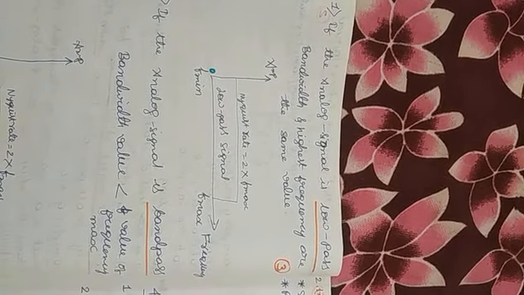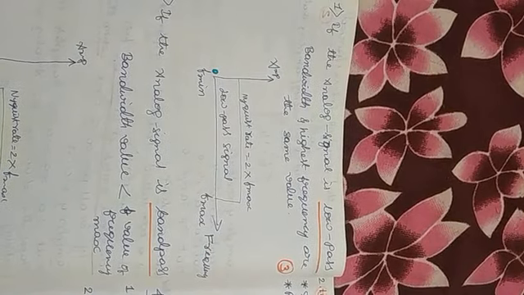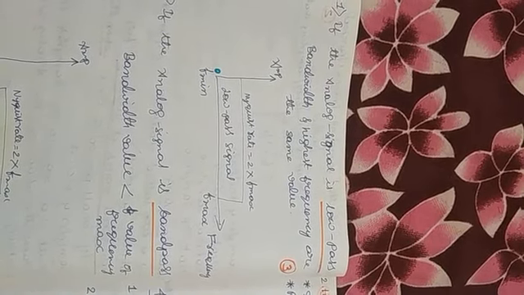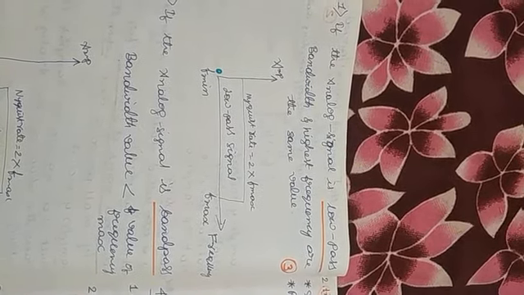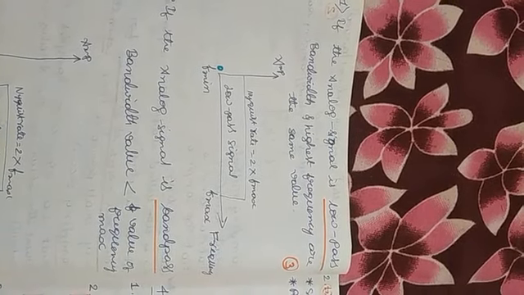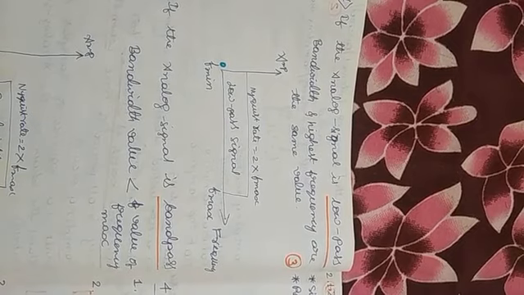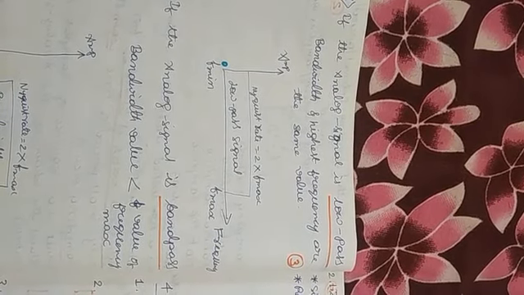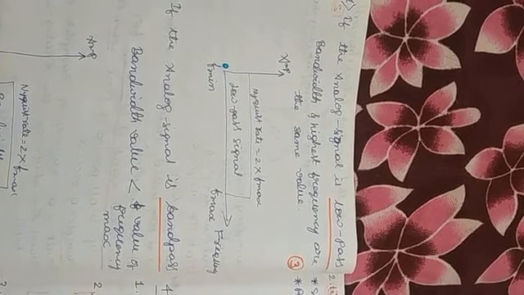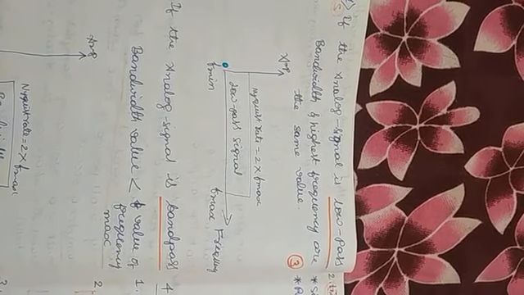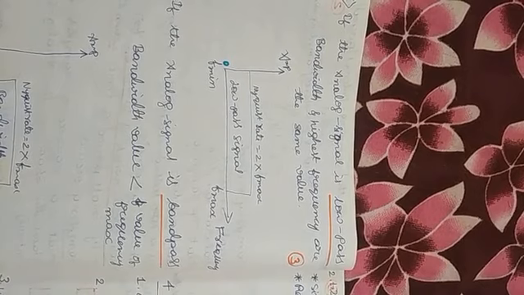If the analog signal is low pass, we discussed in the previous module what is meant by low pass and band pass. Low pass means the frequency will start from 0 itself, means Fmin, frequency minimum, will always start from 0.